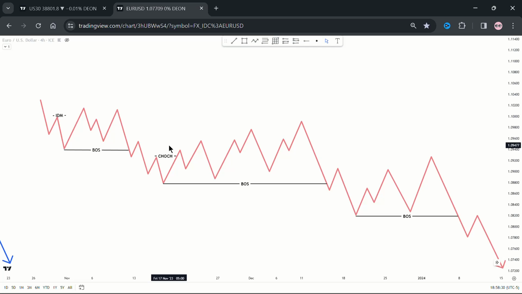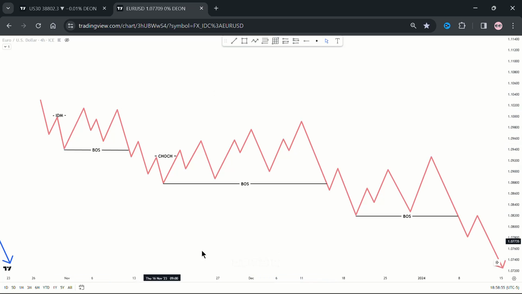So here you can clearly see it takes out this internal inducement here, goes up, makes a break of structure above there. Again takes out inducement here, makes a break of structure above there, and then goes all the way down to make a break of structure now to the downside on your bias right there.